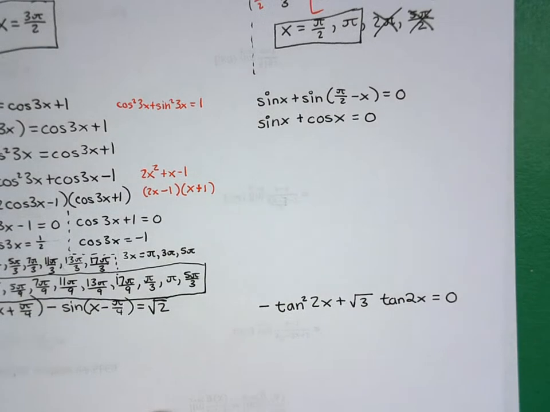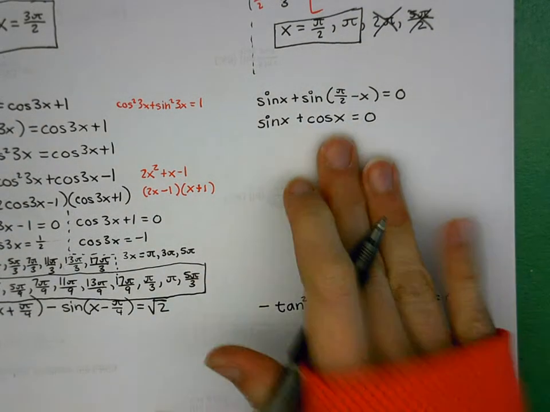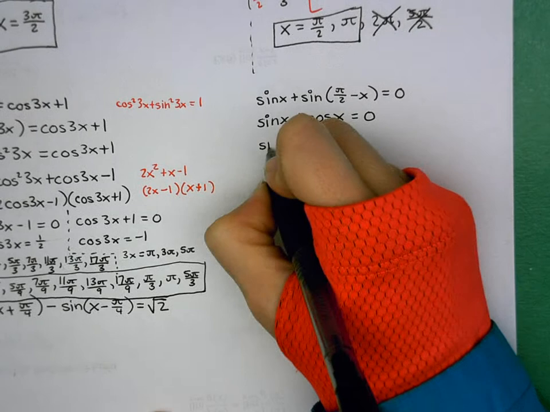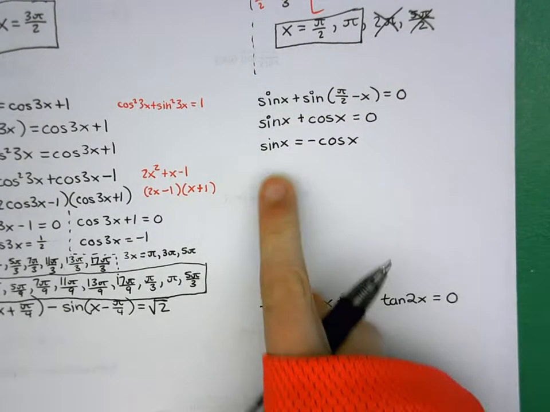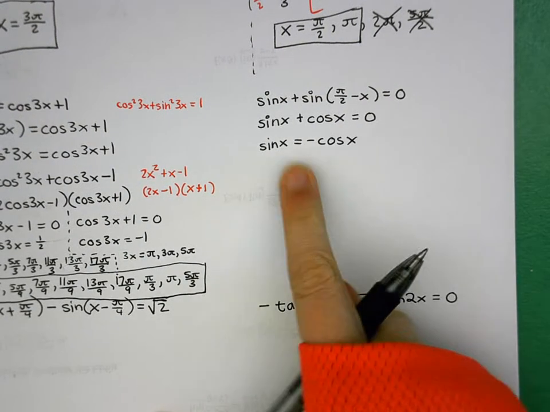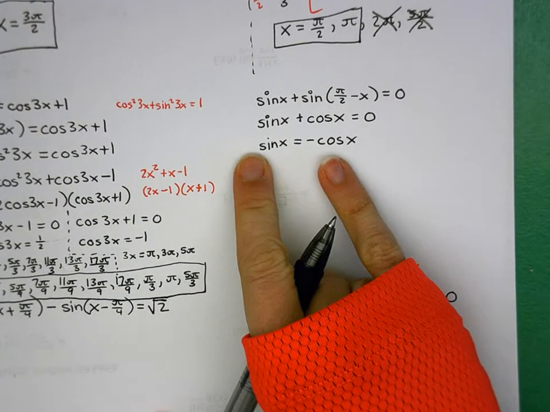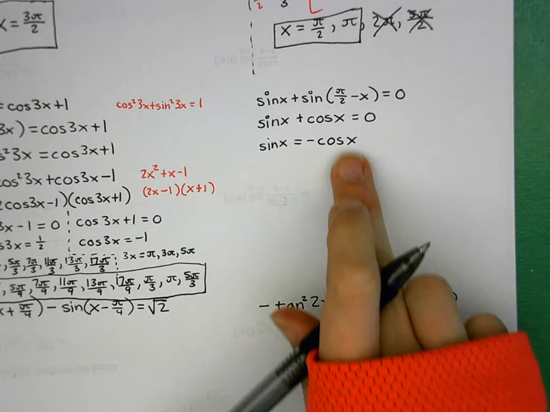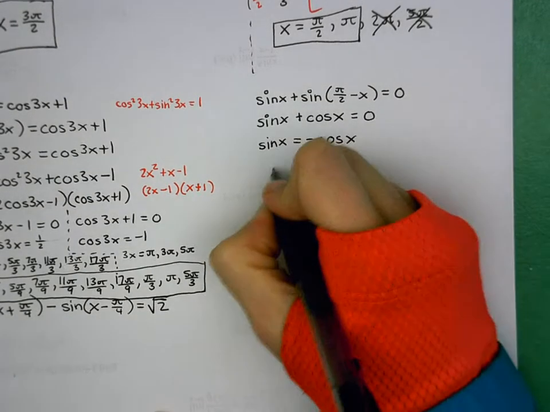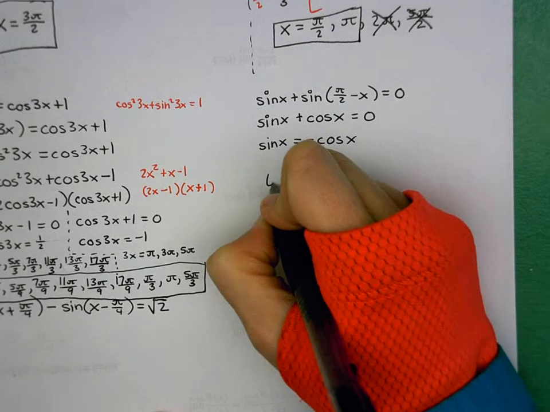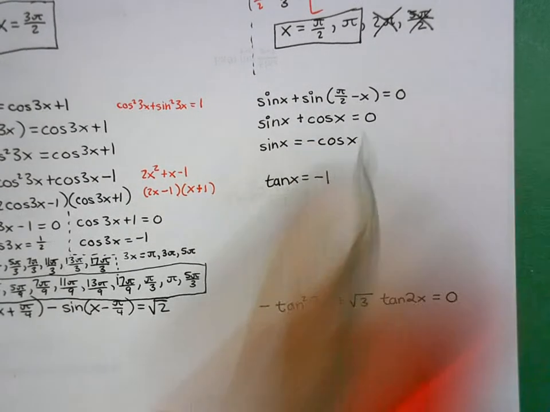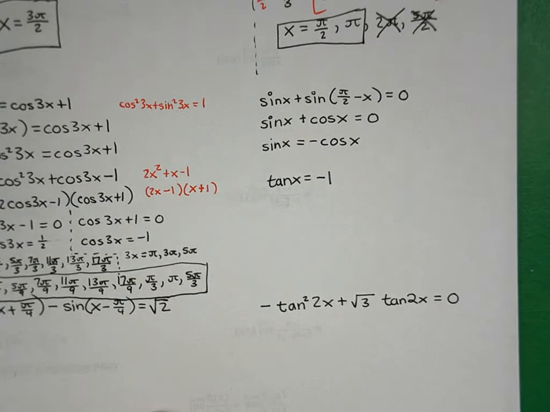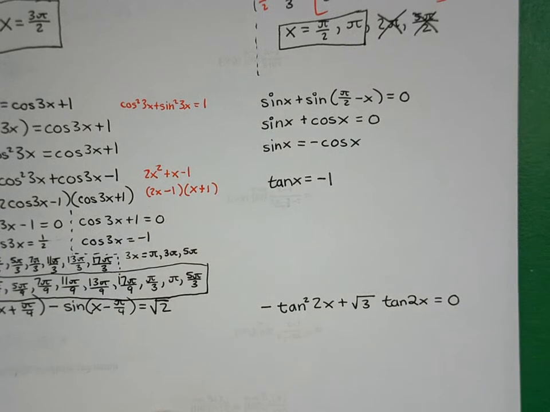Okay, we've got 1 sine, 1 cosine, so if I divide by the cosine, sine divided by cosine is tangent, and we're left with -1, so you could just ask yourself, where does tangent equal -1? And that's probably the route I'd recommend, but it's your choice.